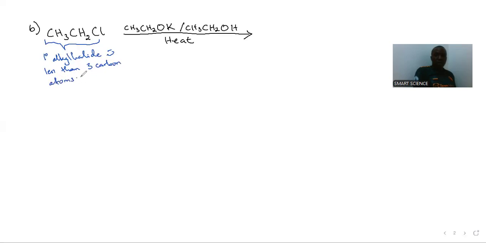In this case, use of this reagent cannot give you an alkene, but instead it gives you an ether, which is ethoxyethane. So this is ethoxyethane.